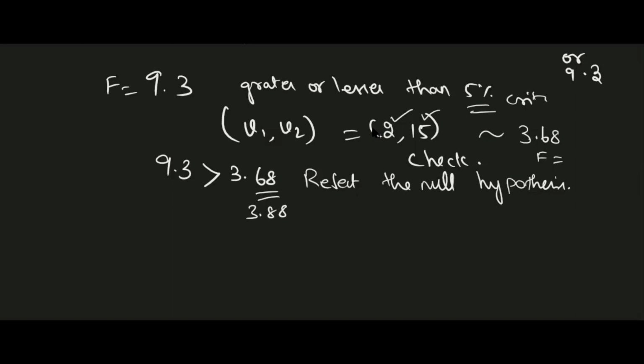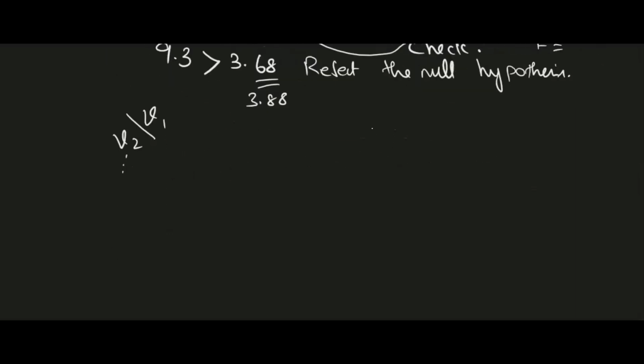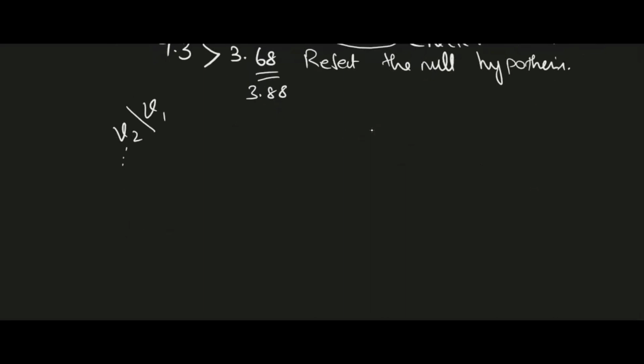How you have to check: normally in your table, degrees of freedom V1 and V2 will be there. What is your V2? Your V2 is 15. So here you have to check in the 15th row, and here 1, 2, like that will be there. You have to check the second column. In some tables they will give 5% in the first line and the next line 1%.